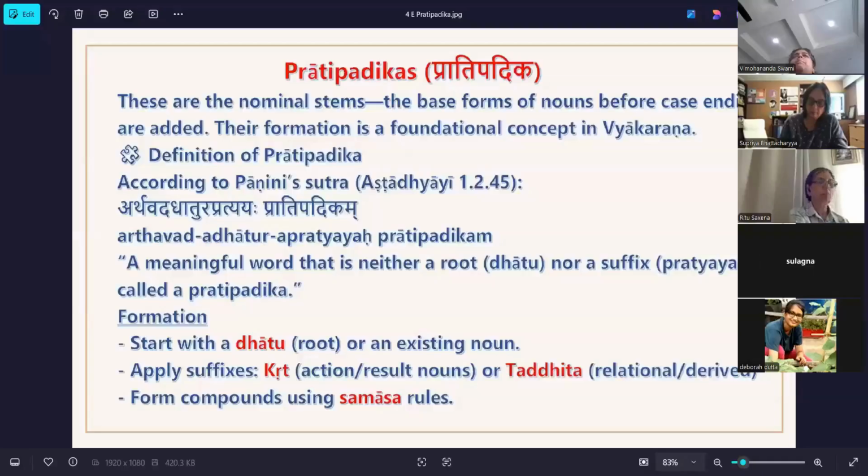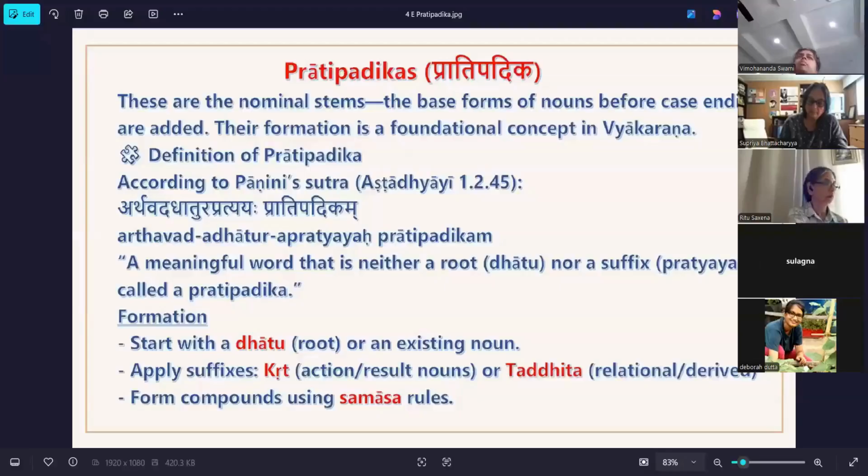When we say dhanvan in Hindi, it means one who has dhan. So, arthavat means one who has artha. So, pratipadika, first thing, it should be arthavan, means it should have meaning. It should not be any nonsense.